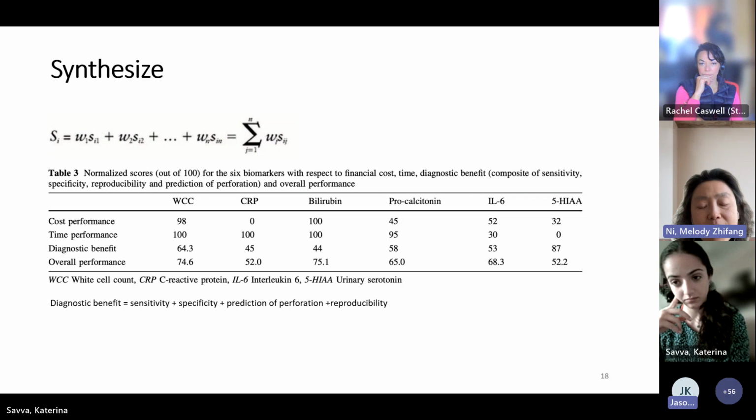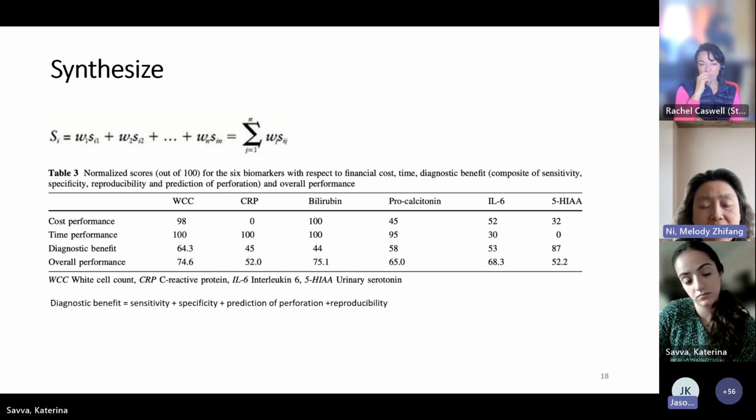And the table is basically the results of this analysis: the cost performance, time performance, and the diagnostic benefit. The diagnostic benefit is a synthesis of the sensitivity, specificity, reproducibility, and the predictive power of perforation.